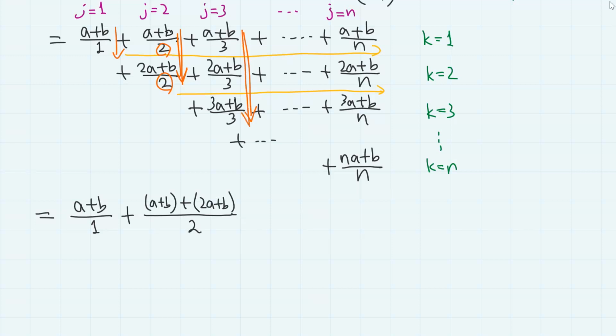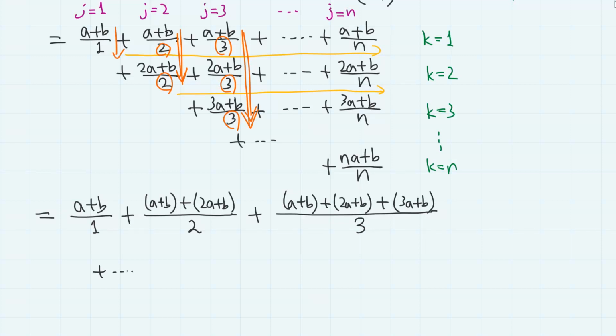In the third column, now we have three terms and they all have denominator 3. So we have a plus b plus 2a plus b plus 3a plus b, divided by 3, and so on.